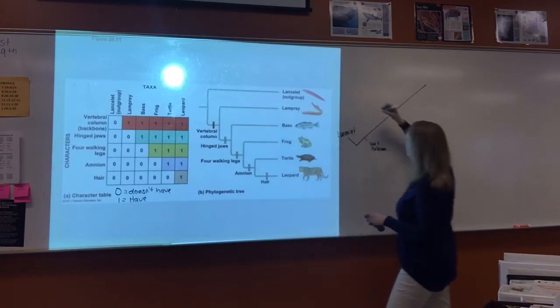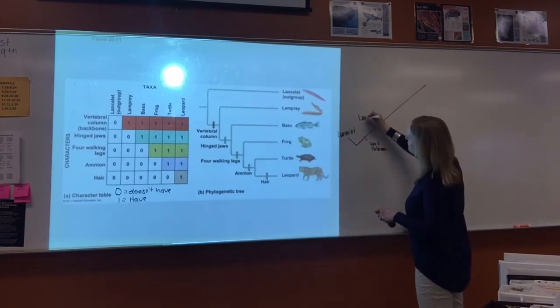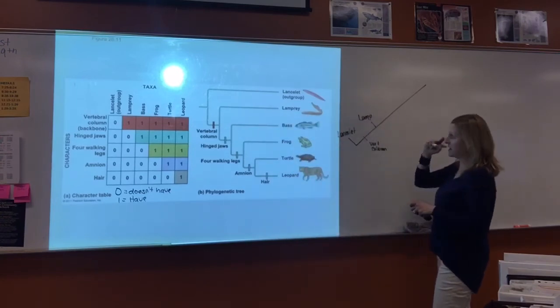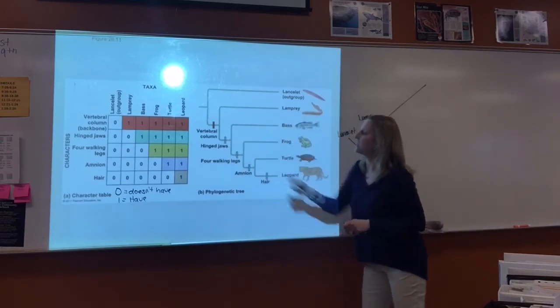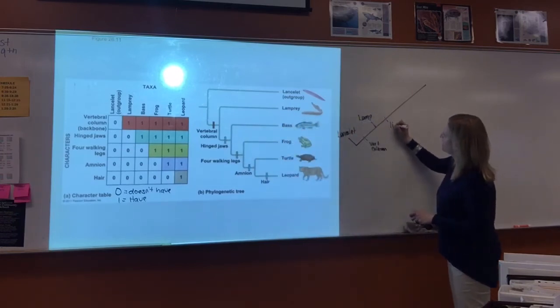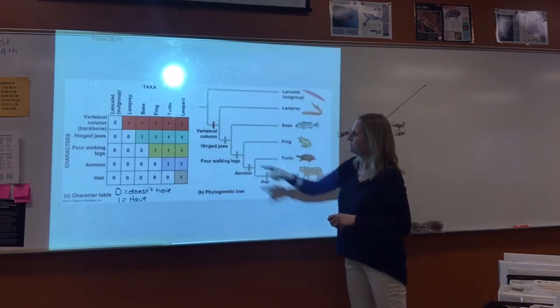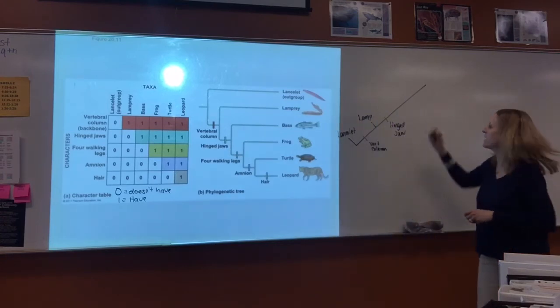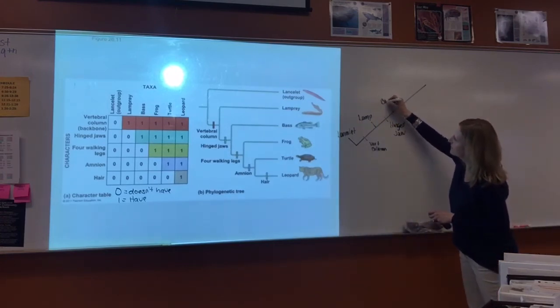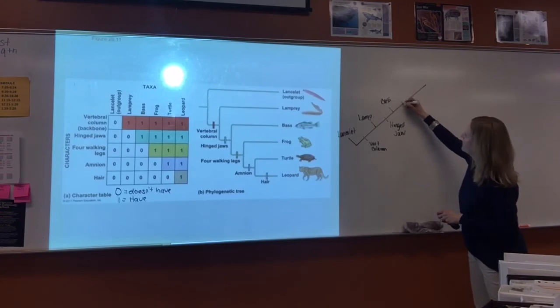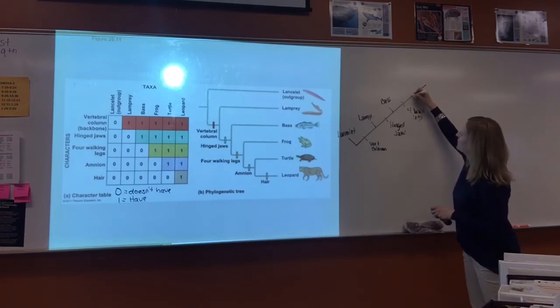Then we can put here, coming off of here, the lamprey. And then everything else after that has a hinged jaw. All right, following me? Then we have the bass. Then we have the four walking legs. Then you have the frog.